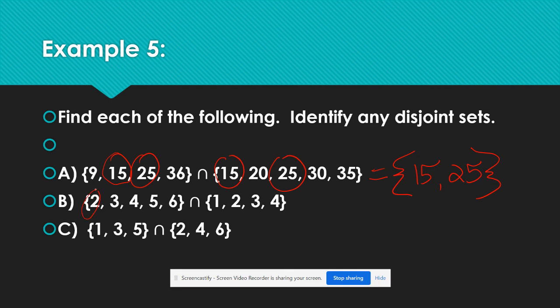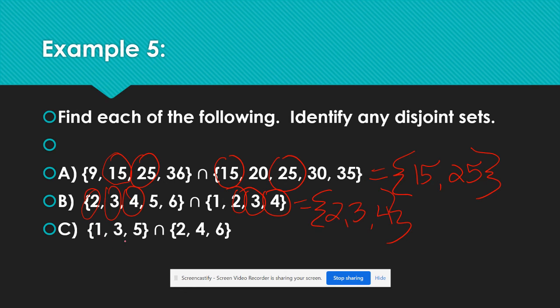B, I see a 2. Oops, I don't know why I just circled a 1. That was silly. So 2, 3, and 4 are the same, and that's it. Their intersection set then would just be 2, 3, and 4.